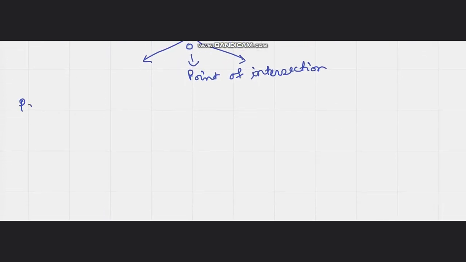Okay, now the second variation of lines is parallel lines. So what are parallel lines? Parallel lines are those lines which will never meet. However far we extend them, they will never meet. Those types of lines are called parallel lines.